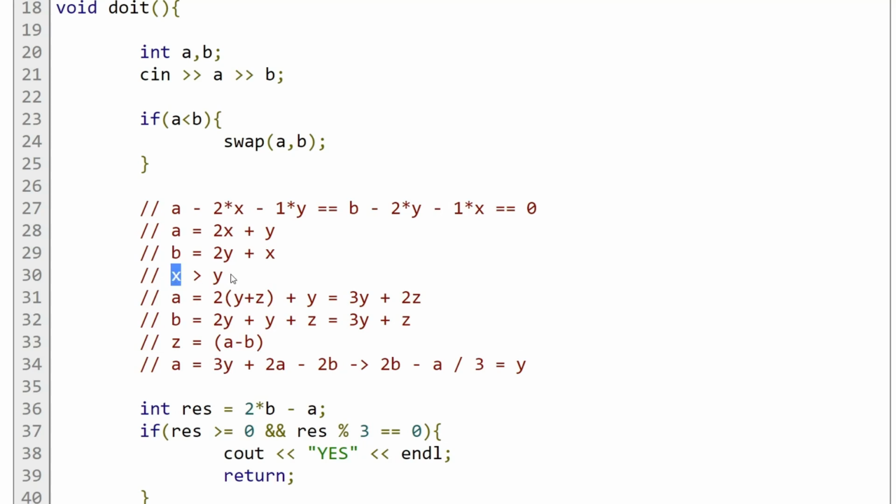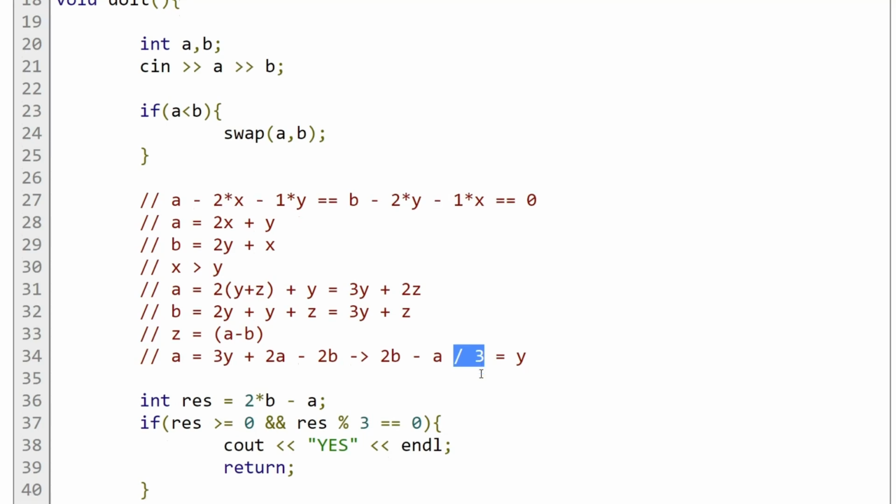That's the only thing we need for our solution to exist, that the number of times I'm going to execute each type of move is an integer number, okay? That's the sole requirement here. So how do we test if 2b minus a will be divisible by 3? We just use the modulo operator essentially, okay?